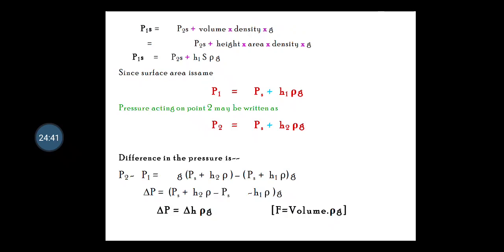Therefore, one thing we come to know is that the pressure difference, delta P, in Pascal, between any 2 points can be measured by the distance between those points in a fluid if the density of the fluid, rho, in kilogram per meter cube, is known. It varies with the variation of pressure, and average density could be used.